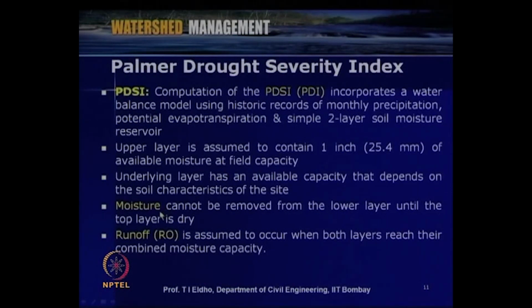And then the moisture cannot be removed from the lower layer until the top layer is dry. So, that way this 2-layer concept is used, and the runoff is assumed to occur when both layers reach their combined moisture capacity. So, when both of these layers are saturated, only then we assume that runoff starts. Accordingly, this Palmer drought severity index has been designed.